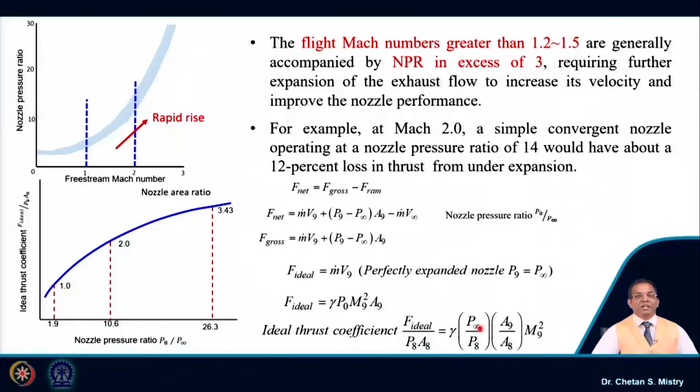Here, this represents my nozzle pressure ratio, this y axis represents my ideal thrust, and for different nozzle pressure ratios we will have different area ratios. For a nozzle pressure ratio of 1.9, my area ratio equals 1. Later, if I increase my nozzle pressure ratio, my area ratio is going to increase.